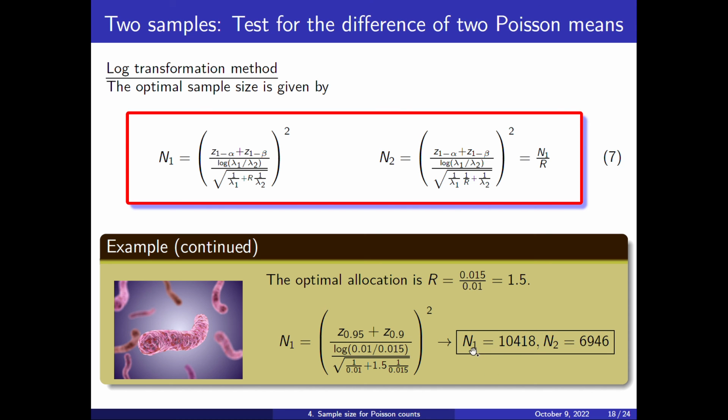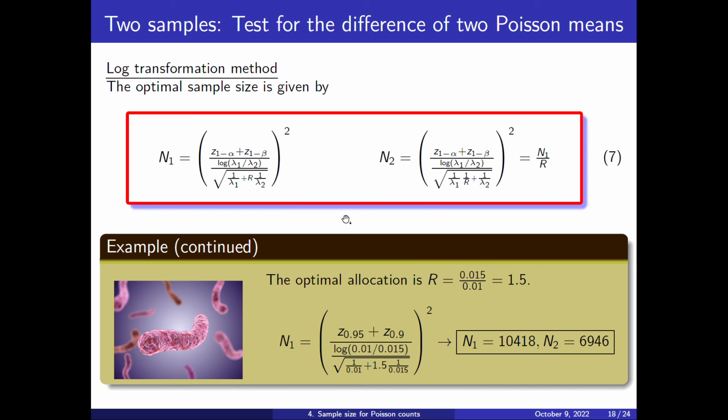So under this method we can compute the sample size, and we have the typical Gaussian formula, so the confidence level term, the statistical power, and then the normalized effect size.